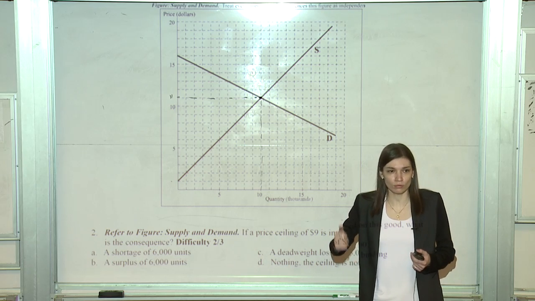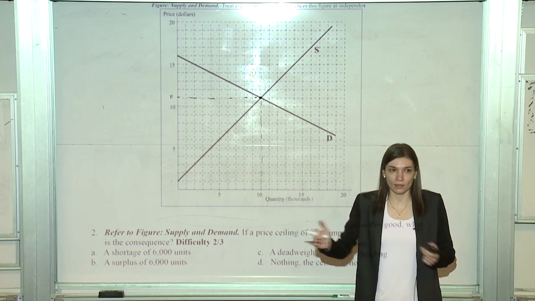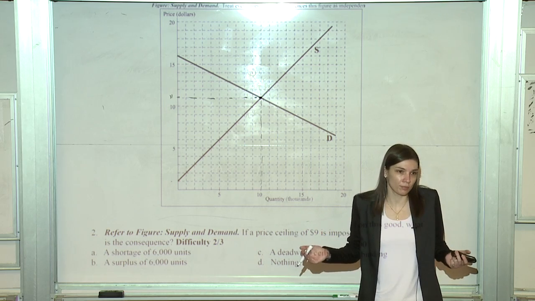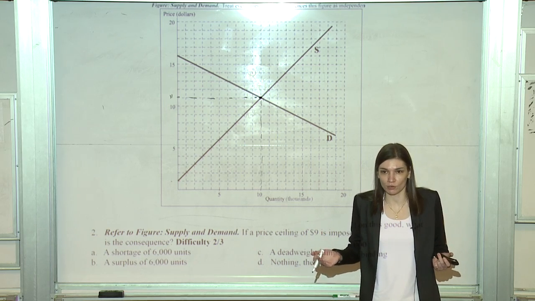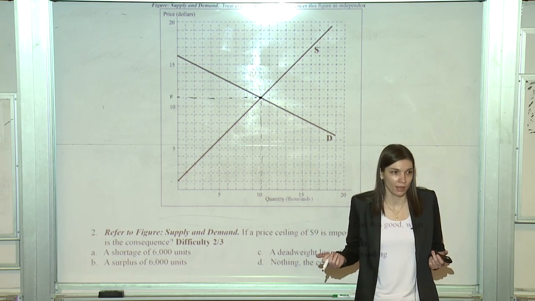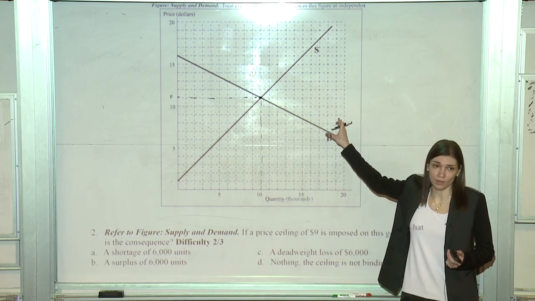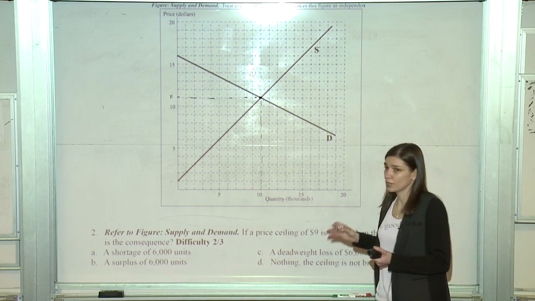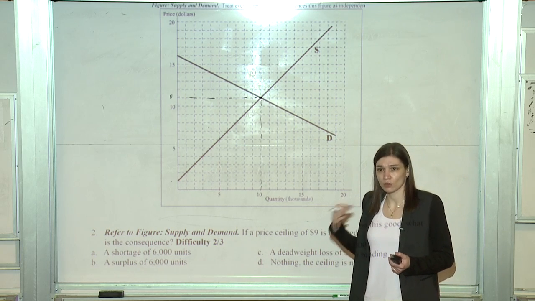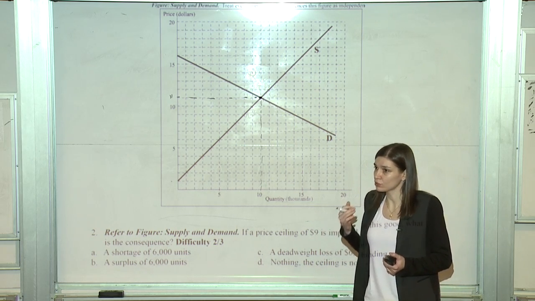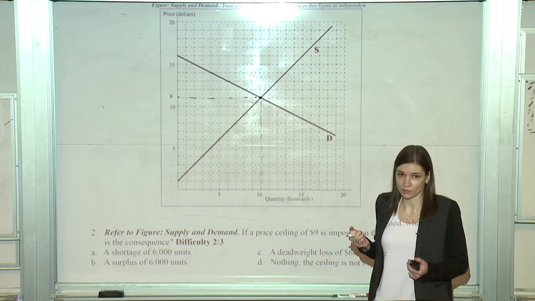If it's still legal to sell at that price, then it's not binding, so the price floor or ceiling is not going to change anything. We're still going to be at the original equilibrium. However, if it's no longer legal to do what you wanted to do originally, then the price floor or ceiling is going to be binding, and there's going to be a certain consequence, either a shortage or a surplus.